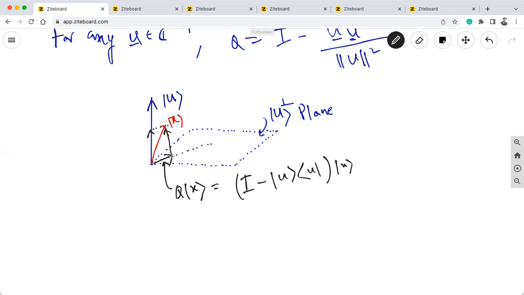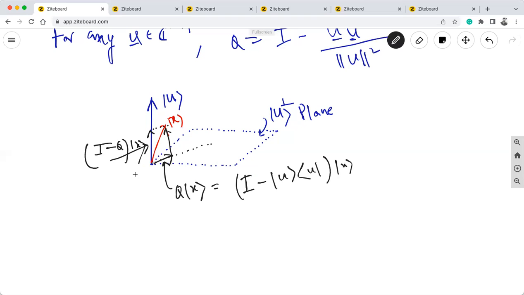So this particular vector will be Q into kx, and on the other side, the part along the vector u will be the identity minus Q into kx. We'll see examples of how it's actually a projector.